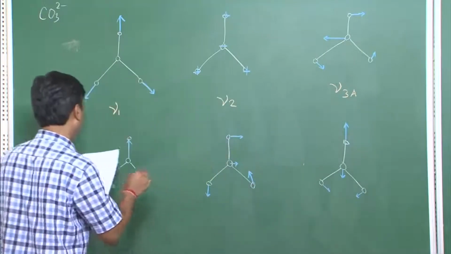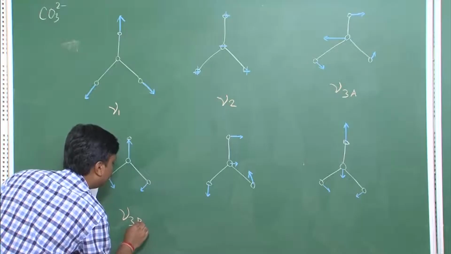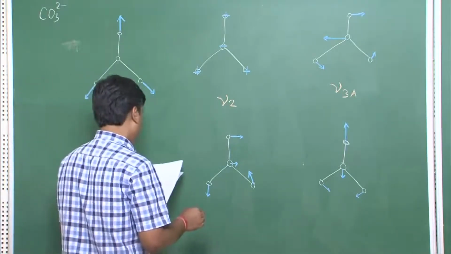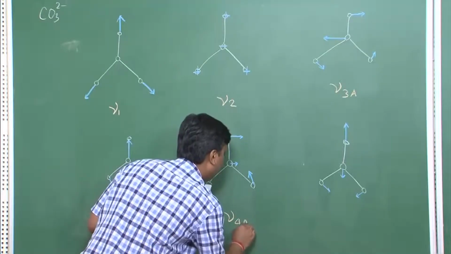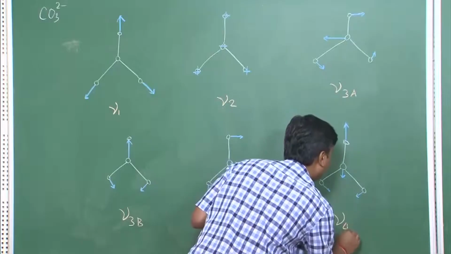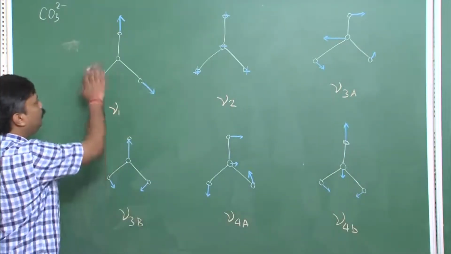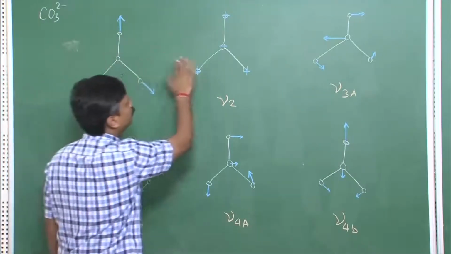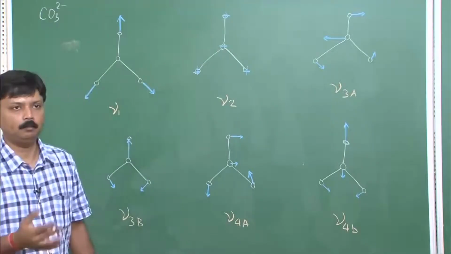There is a reason for doing that, we will talk about that, and this is nu 3b. And then we have nu 4a and nu 4b. All right. So now here we have mostly this motion shown by arrows, and in one case it is shown by the plus and minus signs.